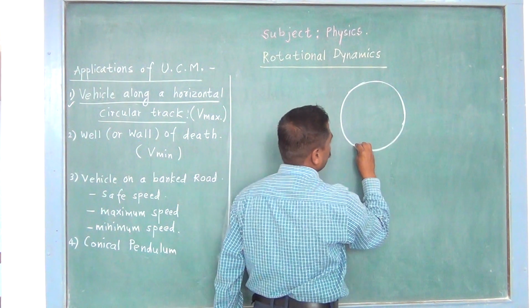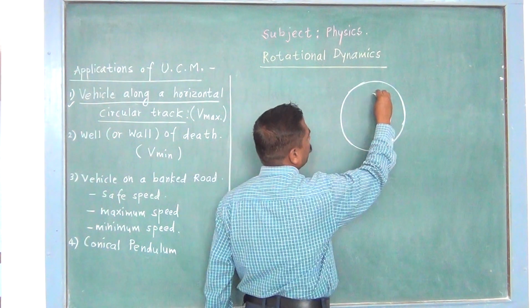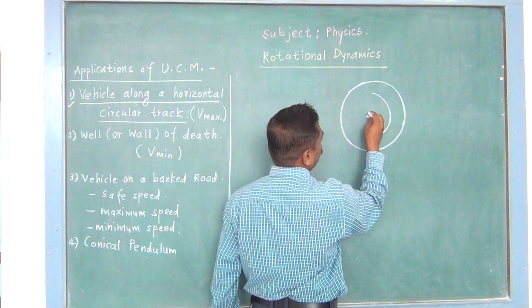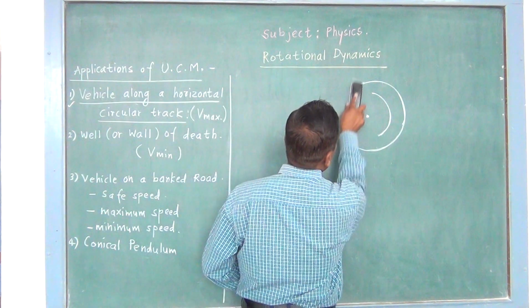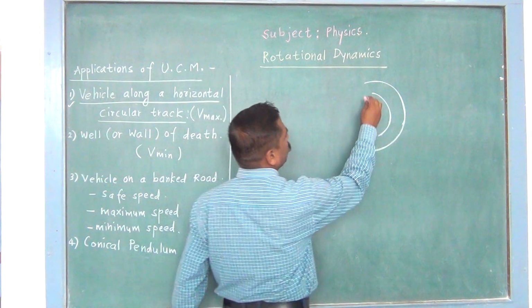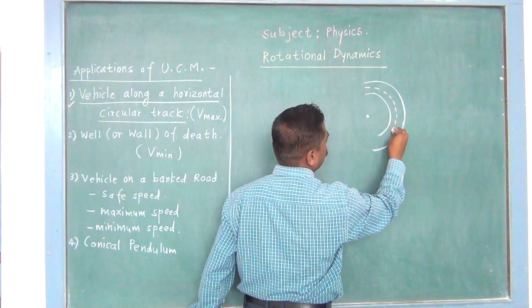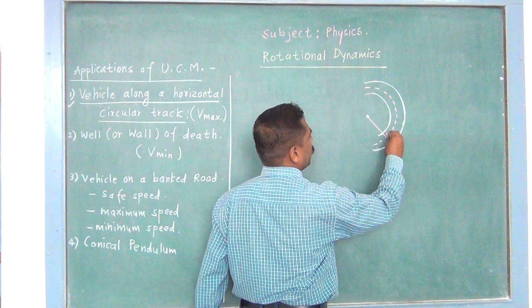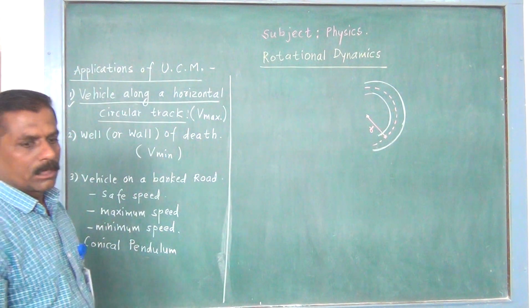So you will find here, this distance is considered as the radius of the circular path.